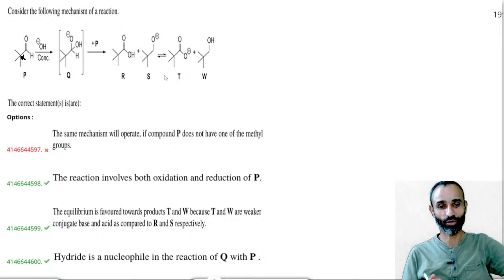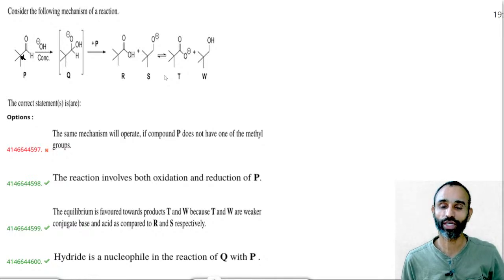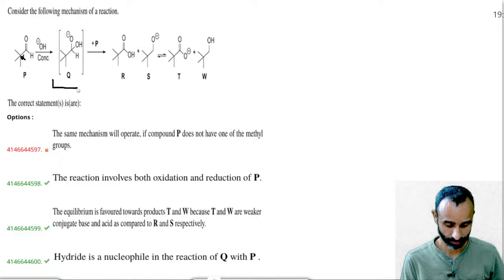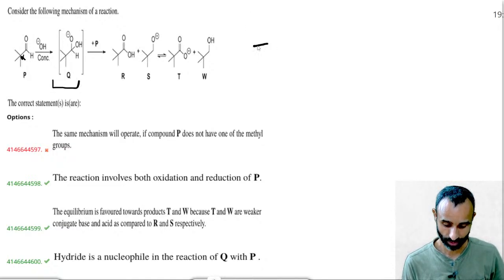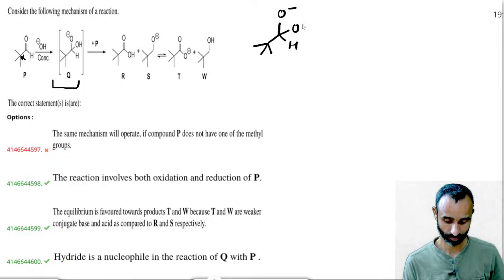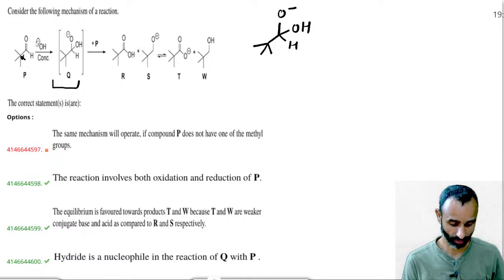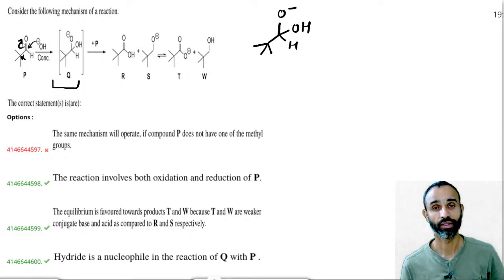Yes, Cannizzaro reaction. In the Cannizzaro reaction, this remains as such and this becomes O negative. OH negative ion first attacks it, so we get Q.